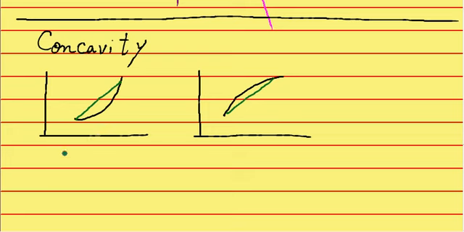In this case, which we call concave up, and in this one we call concave down, each chord is above the graph.